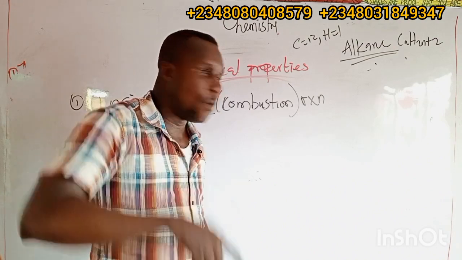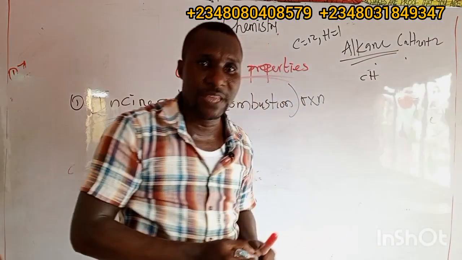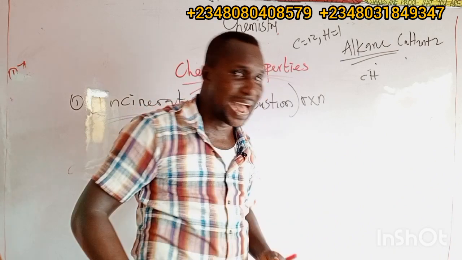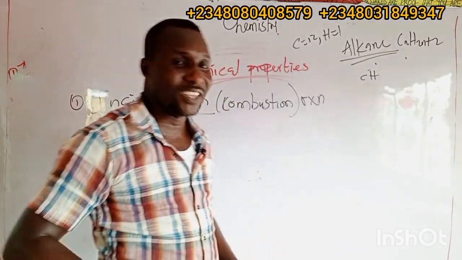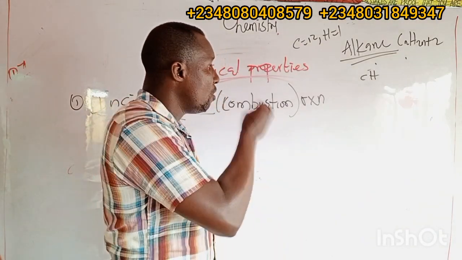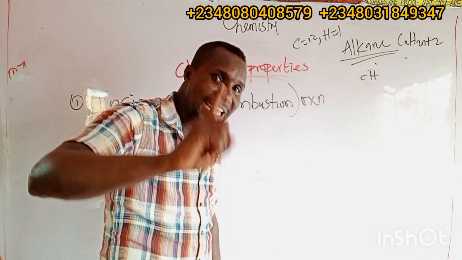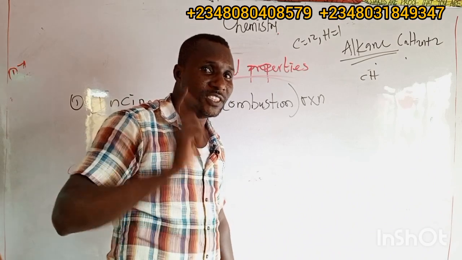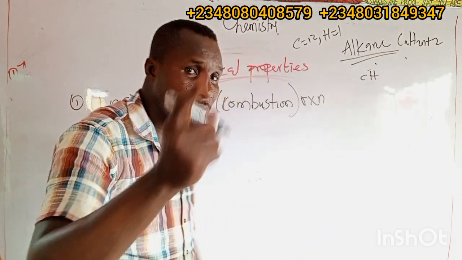This applies to all hydrocarbon compounds: alkane, alkene, alkyne, aromatic benzene, cycloalkane. Whenever any of them undergo combustion reaction in excess supply of oxygen, the product is CO2 and water.